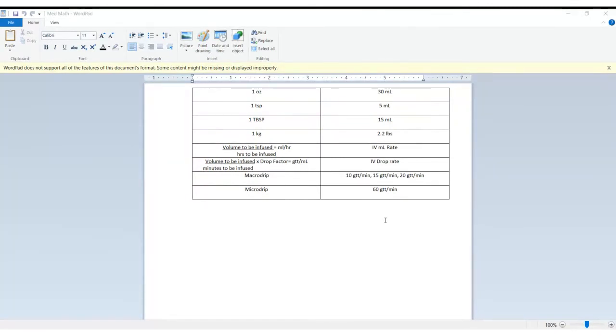So it's my total volume divided by the hours to be infused, and you end up with your milliliter per hour rate. So if you've ever been in a patient room and you see an IV bag hanging, let's say it's just regular old normal saline, for a little teeny tiny human, you're going to have a very small number. And that could, let's say, be 15 ml per hour.